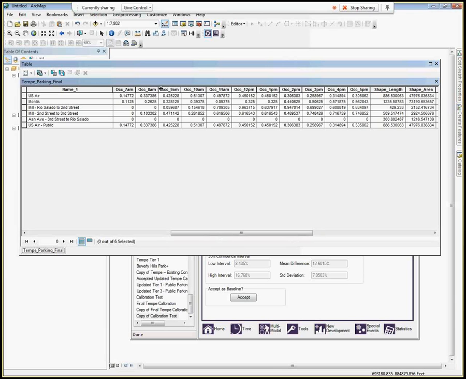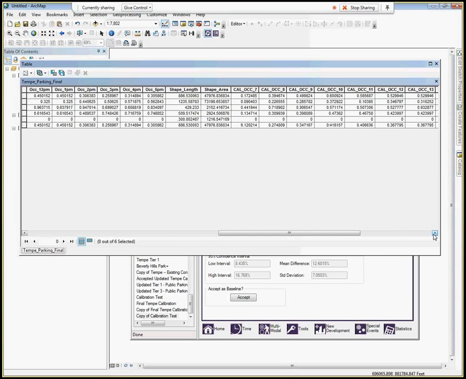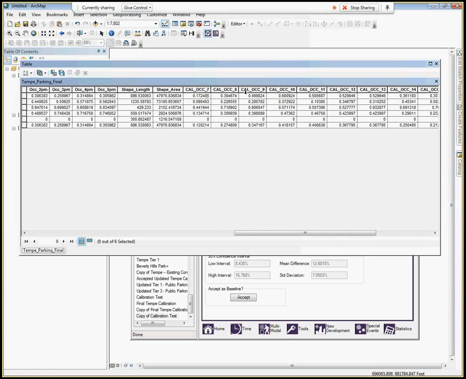And within those facilities, we have occupancies by different time of day. So for this particular example, I've got occupancies that were collected between 7 a.m. and 5 p.m. that we're calibrating to. And these are all the field observed occupancies based on different times of day. When the model goes through and does its prediction, it populates these fields, which are the calibrated occupancies, which represent what the model expects that facility to operate at based on all the parameters that we've just gone through and put in.